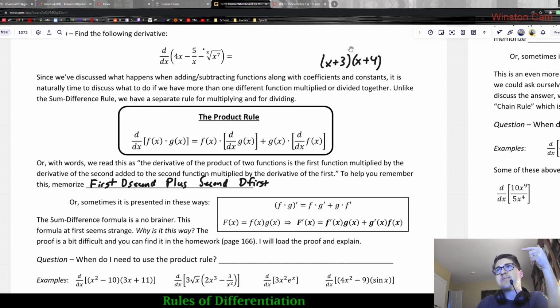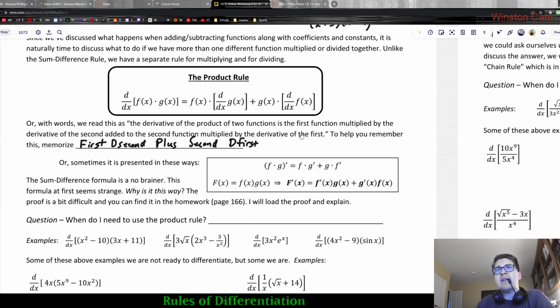I have to do this times this, plus this times this, plus this times this, plus this times this. When I am using the product rule, it's actually not four products, but it's four things, so that's where the similarity ends. But yeah, we're just taking first d second plus second d first, and that gives us our full derivative.